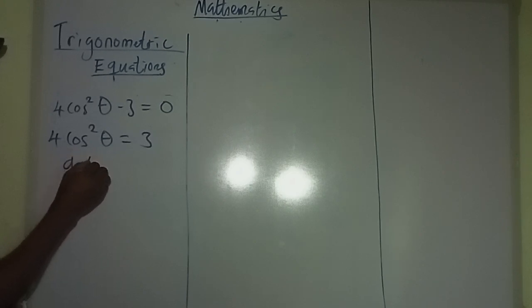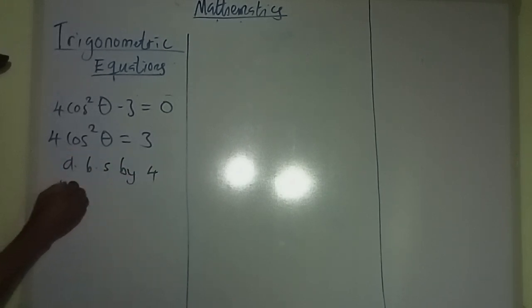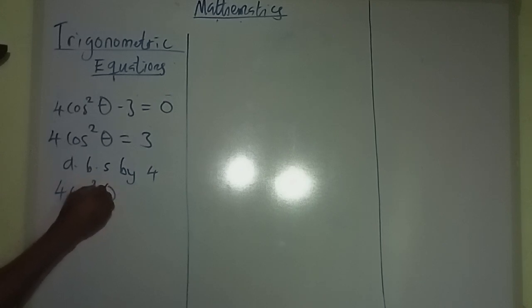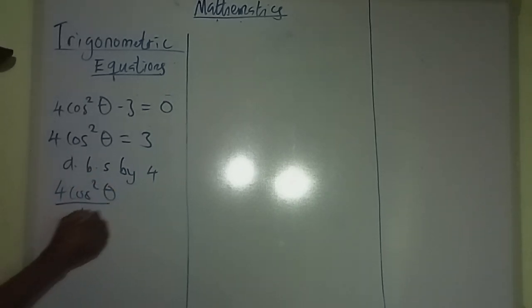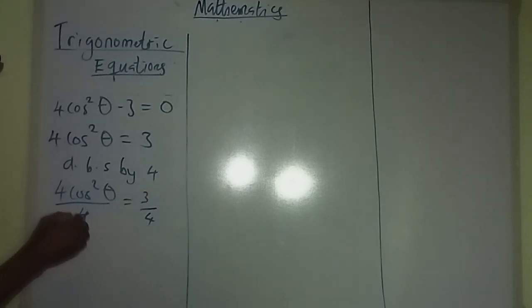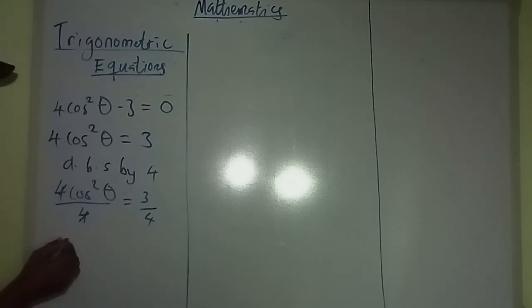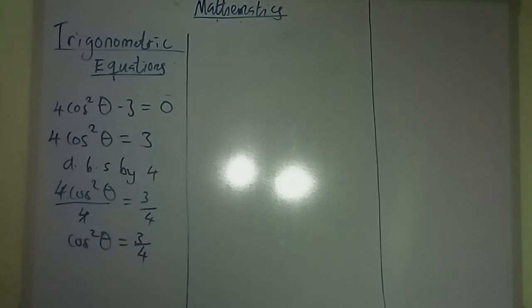So we have 4 cos squared theta divided by 4 equals 3 divided by 4. Then 4 cancels 4, and here we have cos squared theta equals 3 all over 4.